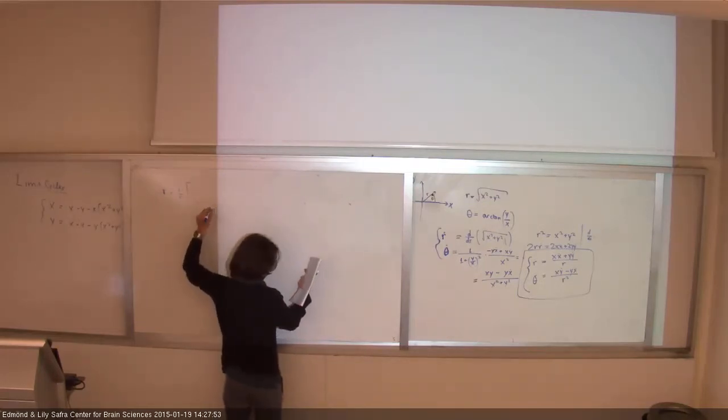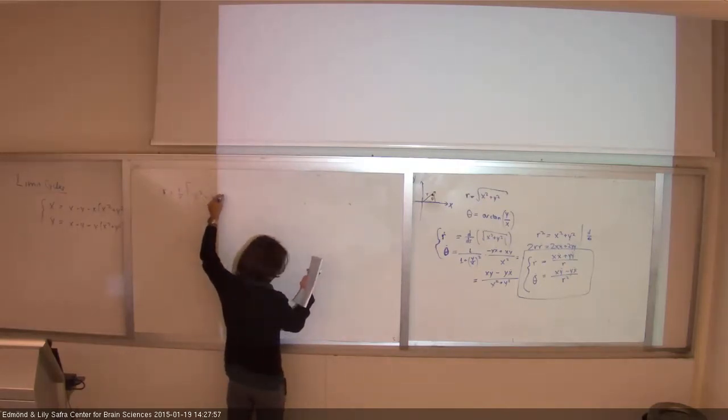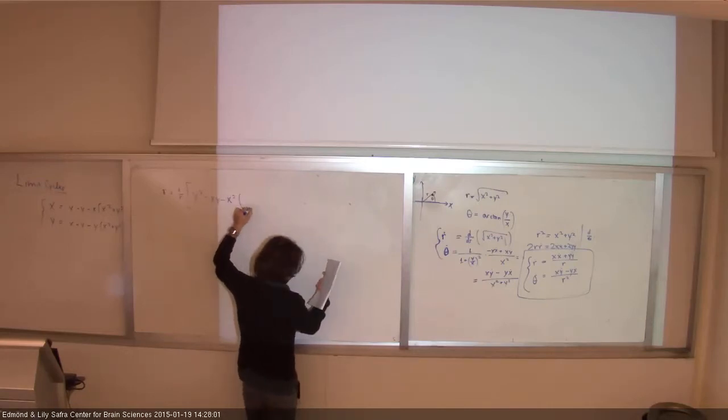So I have x squared minus x squared times.